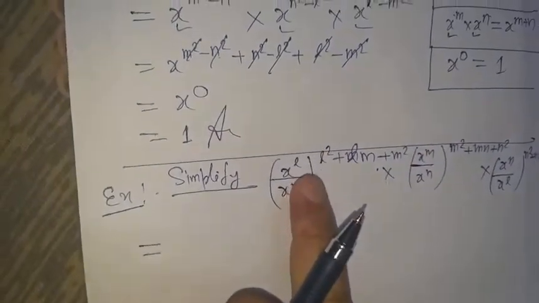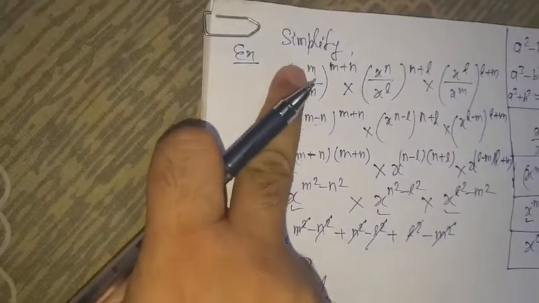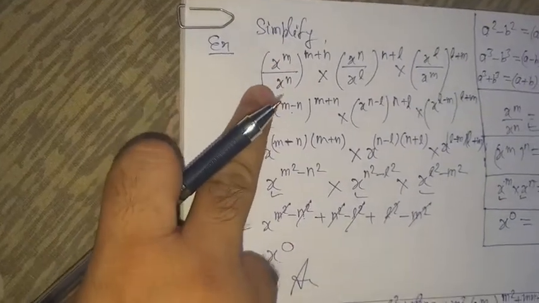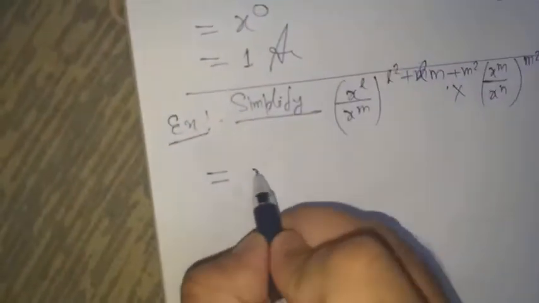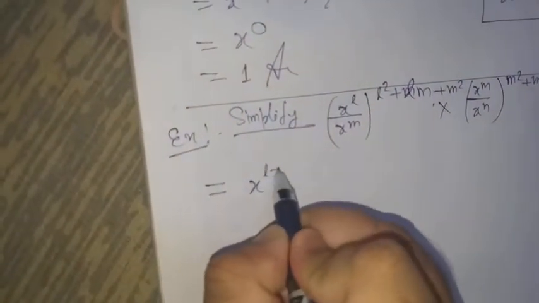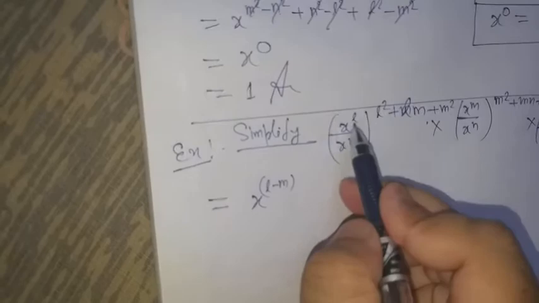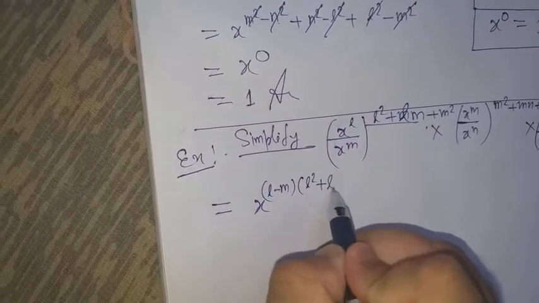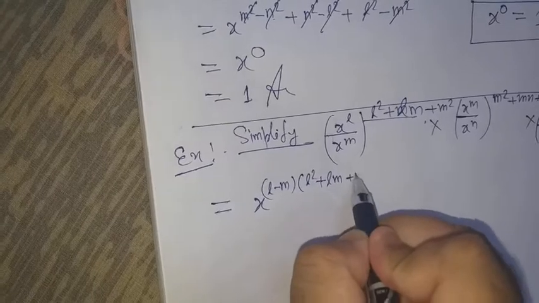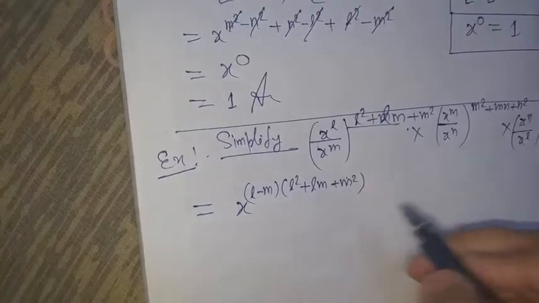Now what you will do, in the same way: x to the power m upon x to the power n is m minus n. So here it is l minus m, and power to the power will be multiplied: l square plus lm plus m square.